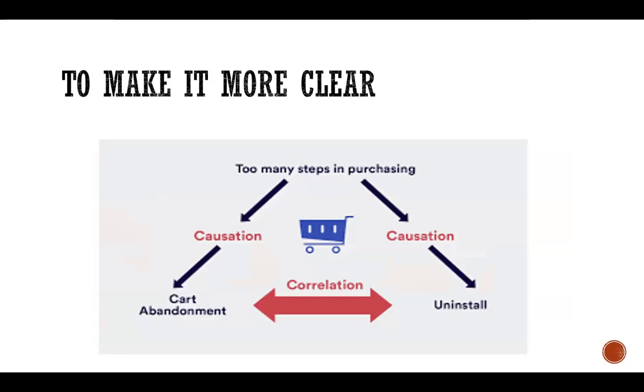When the organization finds the correlation between incidences of cart abandonment and uninstalling the app, they will definitely see a relationship, but the root cause is something else. We can see the correlation between these two variables, but the root cause is too many steps in purchasing. I hope this clears the doubt about how correlation is different from causation.